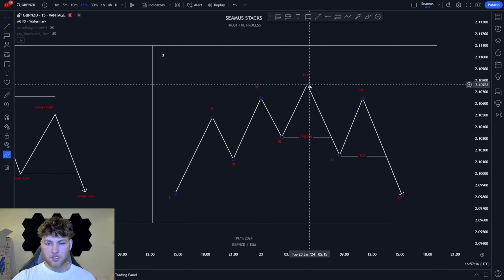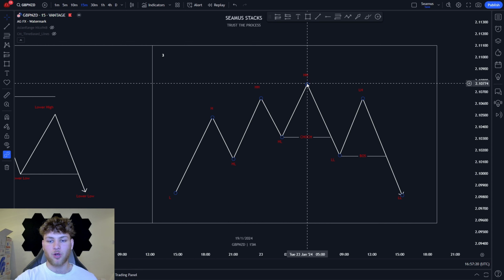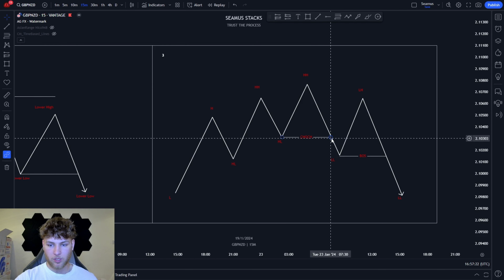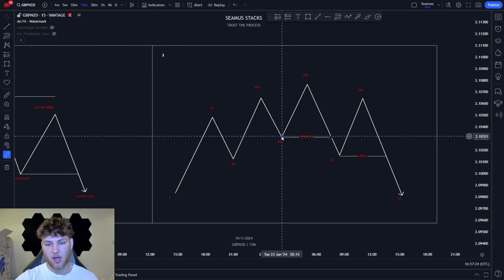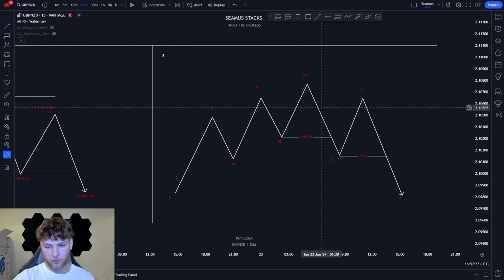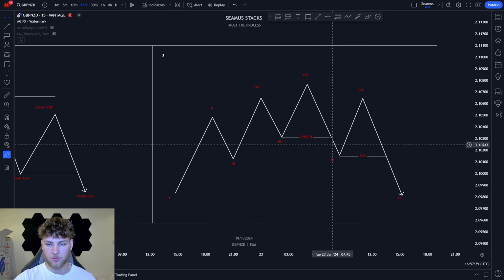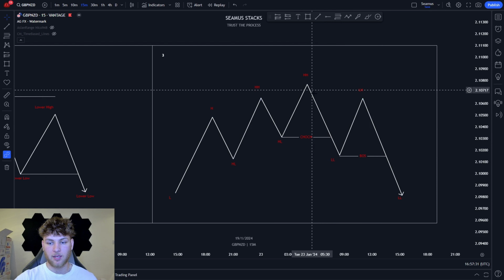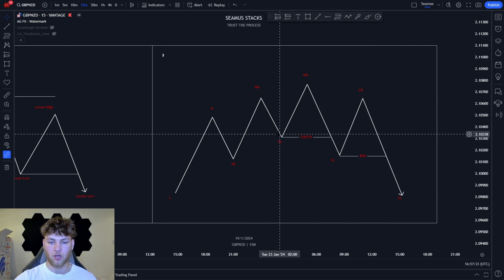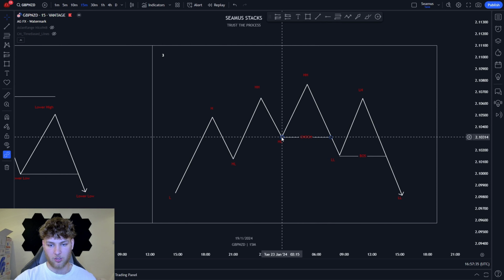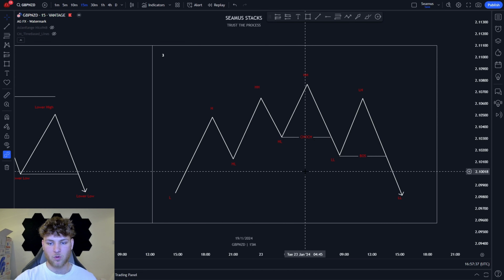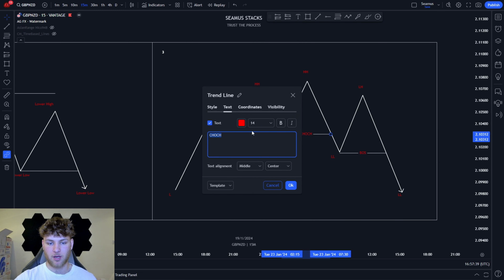So price has now formed this higher high up here, at which point when price next comes down, we end up breaking past this higher low that was made, therefore making a lower low. So we went from a higher high and now we've made a lower low as we are lower than this prior low over here. And this is what we call a change of character, as we can see here.